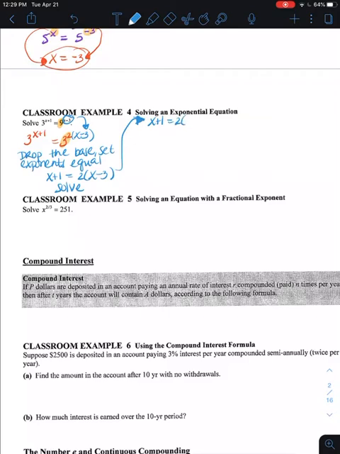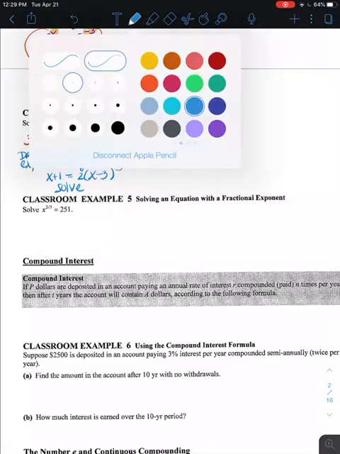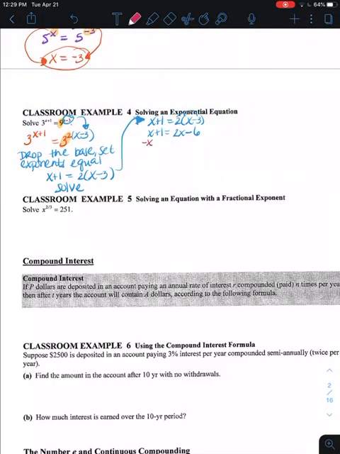x plus 1 equals 2 times x minus 3. x plus 1 equals, I'm going to distribute this 2 to the parentheses. So this is 2x minus 6. My goal is to get x by itself. So I'm going to subtract x from both sides. I want to keep my x positive.